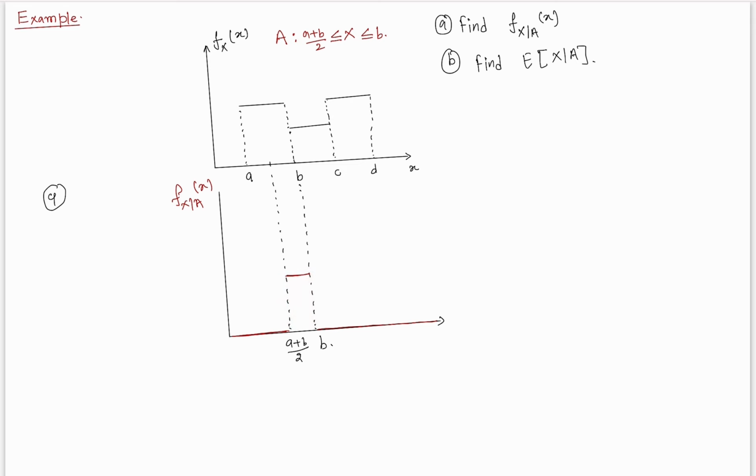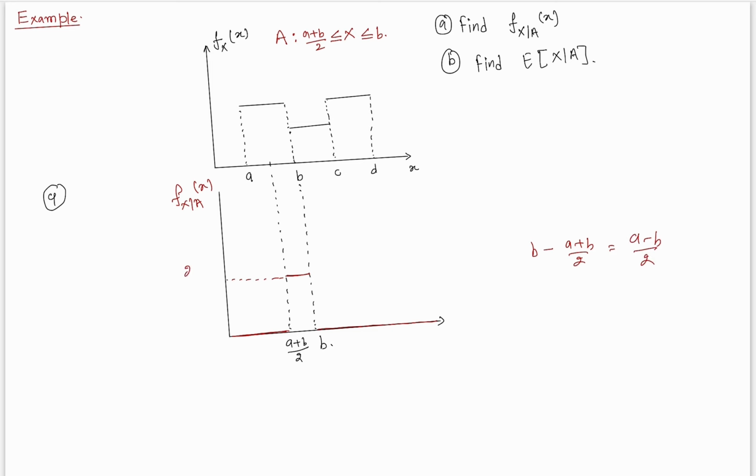So in order to make the area 1, what should be the height of this conditional probability density function? The area has to be 1, so this height times this width should be 1. The width is b minus (a plus b) divided by 2, which is (b minus a) divided by 2.